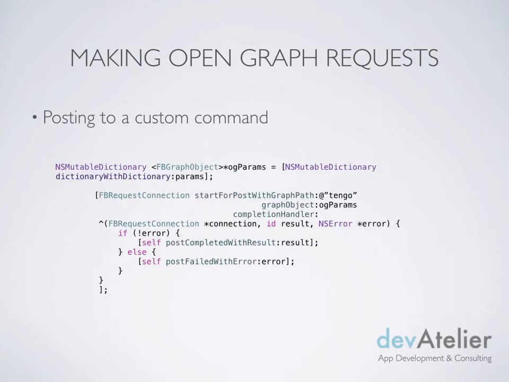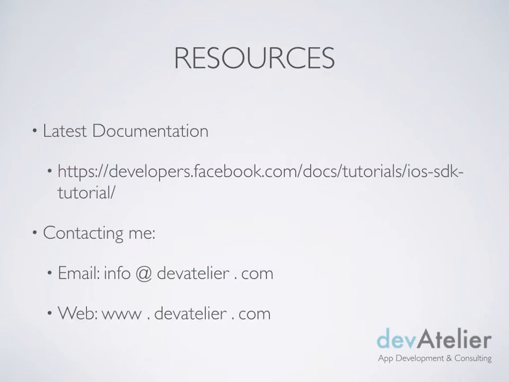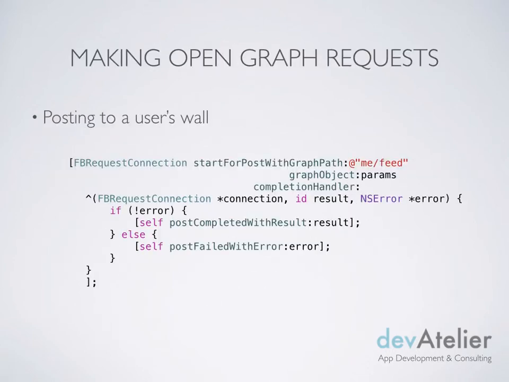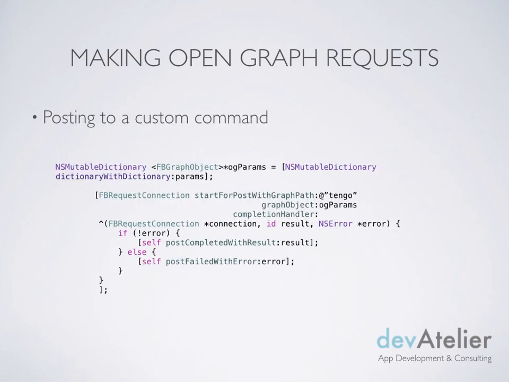Cool. So posting to a custom command. They give you the baked-in commands like share, but say you want to do a custom verb, like tango, like I tangoed with this classified, right? Whatever a tango might be, something specific to your users.